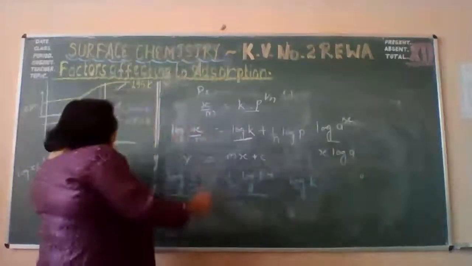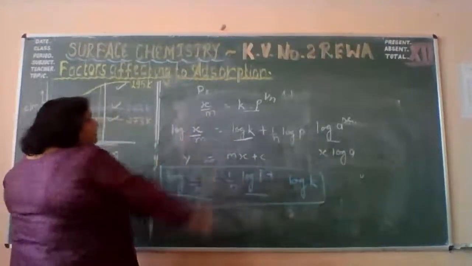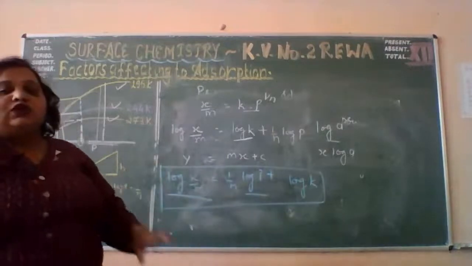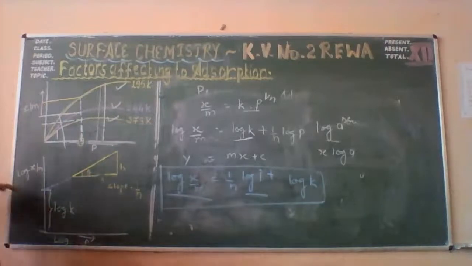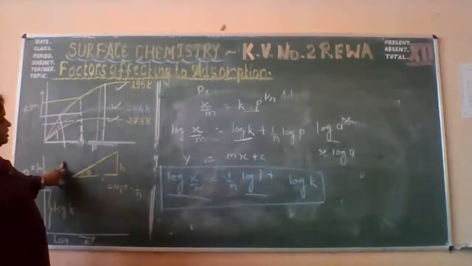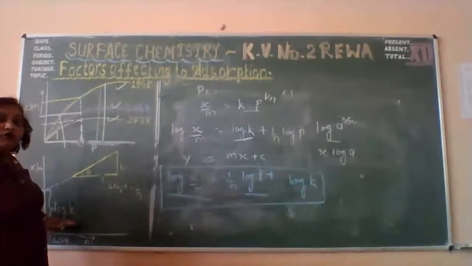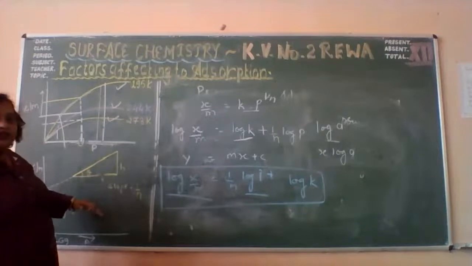This is one very important question for the examination purpose. Whenever the Freundlich adsorption isotherm is asked, the question that is asked is, what is the value of the slope? What is the value of the intercept? So always and always, please do remember this.